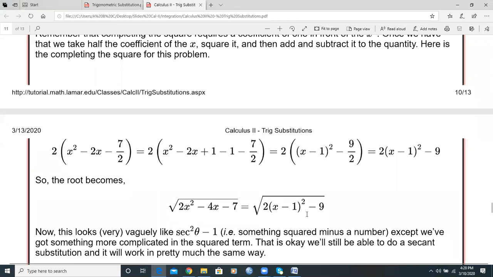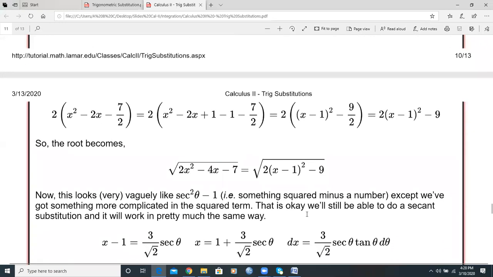We will assume x minus 1 as the variable, where b square is 2, so b is square root 2 and a is 3. So we make the substitution x minus 1 is equal to 3 by square root 2 sec theta. This is the first type of transformation.